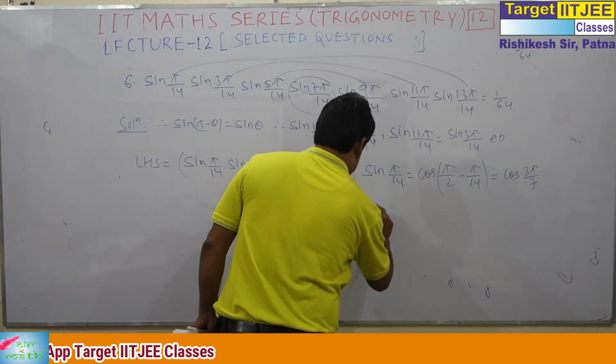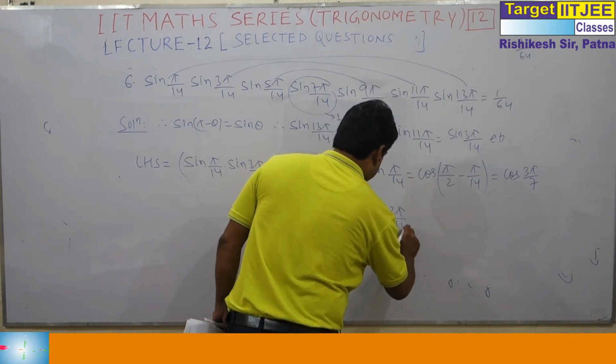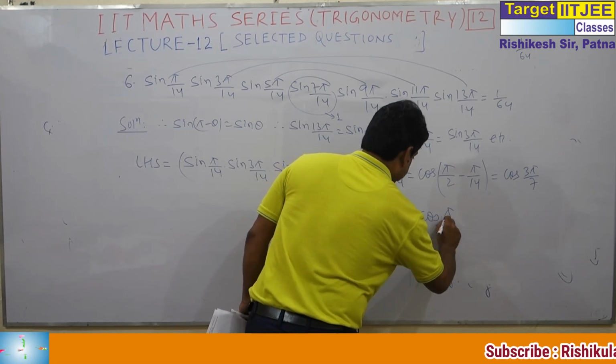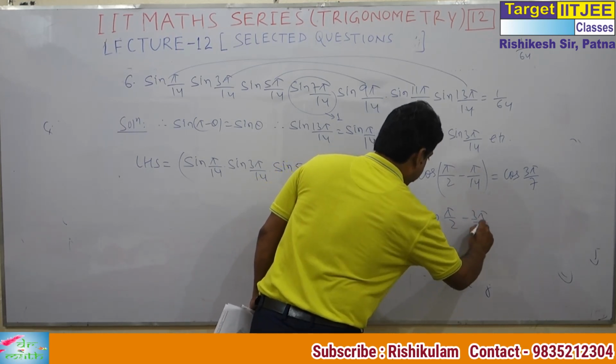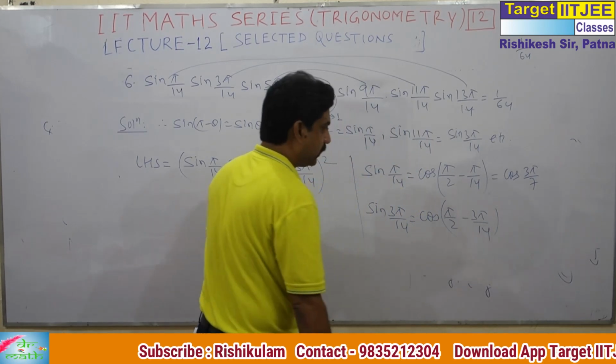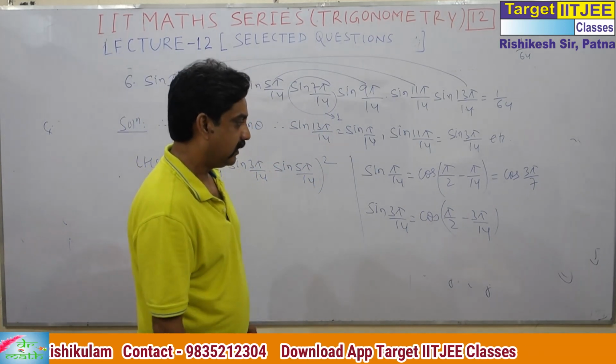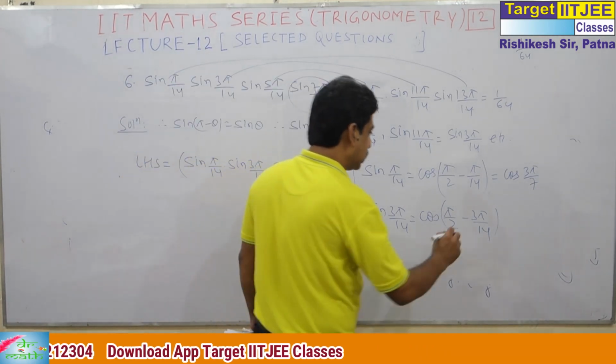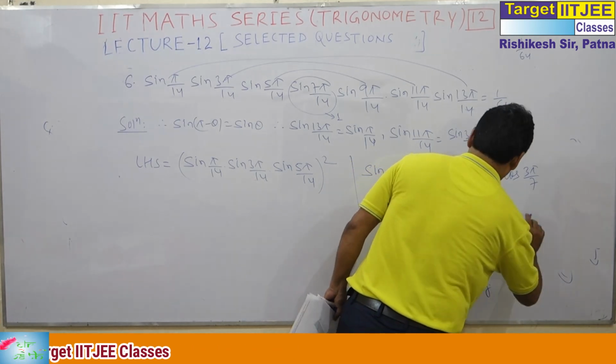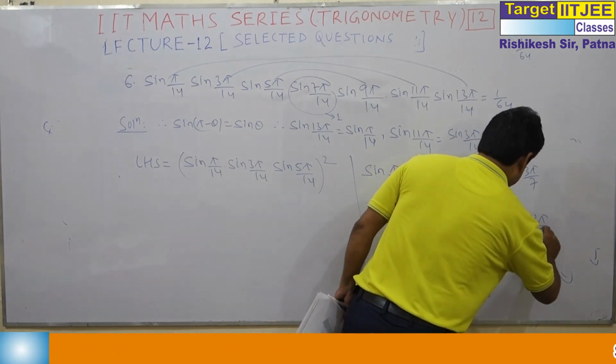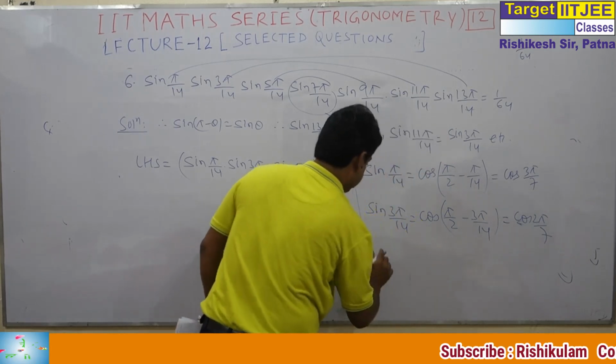Likewise, sin 3 pi by 14 is cos of pi by 2 minus 3 pi by 14. This will be 7 minus 3, 4, so 4 pi by 14, means cos 2 pi by 7. And what about this one?